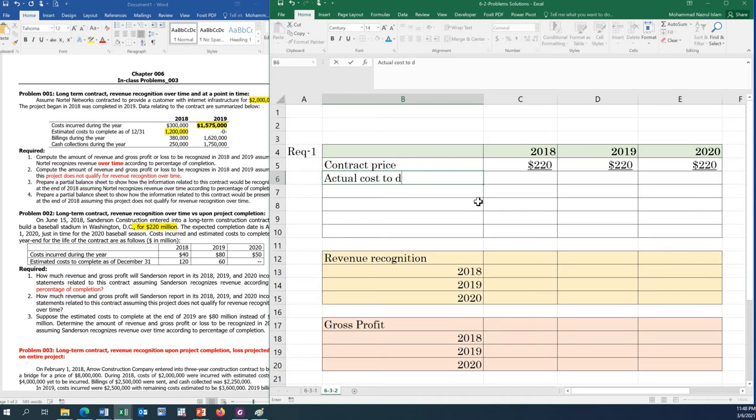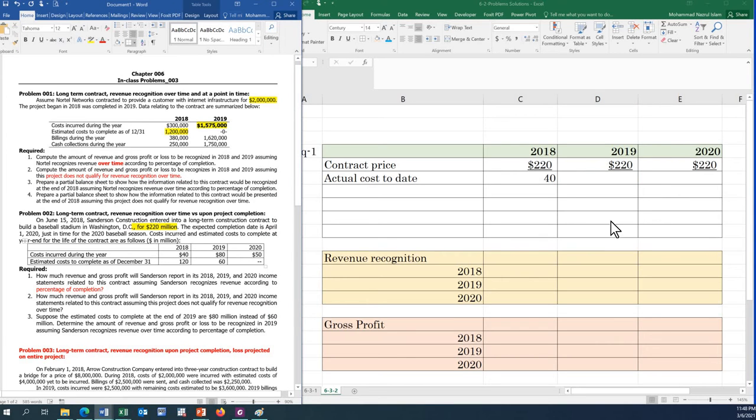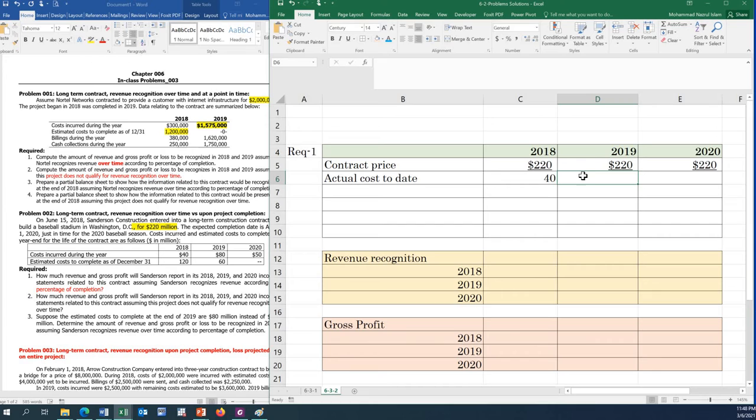Actual cost to date. It should be 40 in 2018, and in 2019 it's 80. So 80 plus 40 equals 120, and in 2020 it's 50, so 120 plus 50 equals 170.